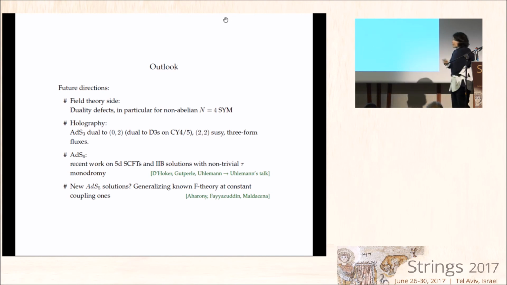So these are coming from a completely different direction, but also have this sort of behavior. And then, of course, it would be nice to generalize this to AdS5 and maybe generalize this known construction for constant coupling. Okay, thank you.